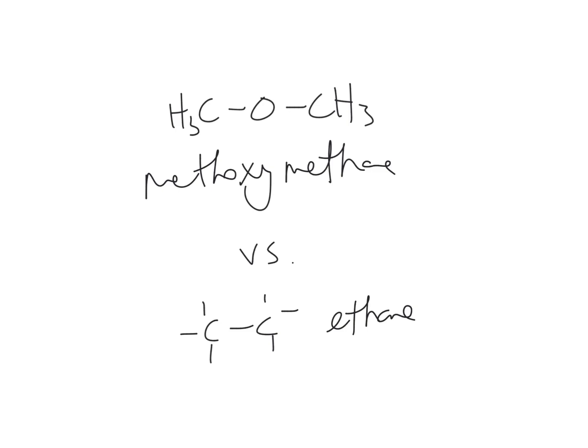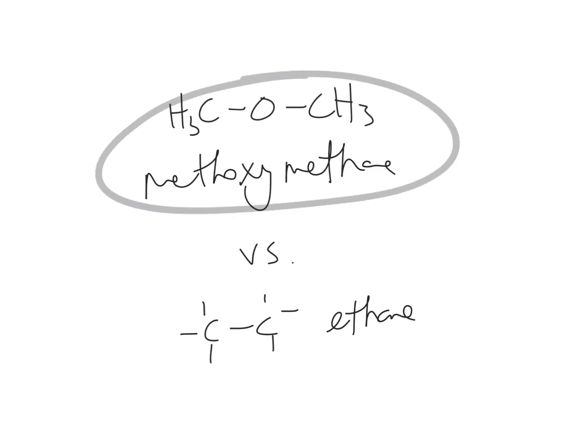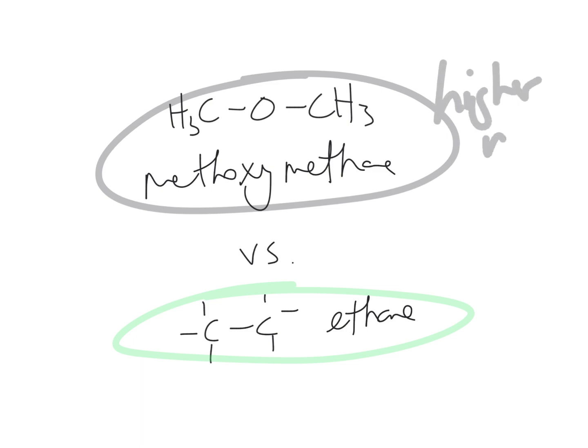That being said, if you wanted to compare an ether, like methoxymethane right there, with a similar sized alkane, like ethane, you would still find that the ether had the higher melting point and boiling point, because it can still have dipole-dipole interactions with neighboring molecules, whereas the hydrocarbons would have nothing but dispersion forces or London forces.